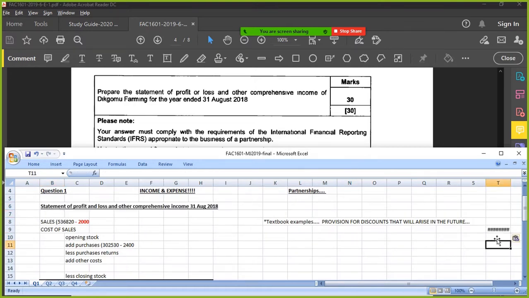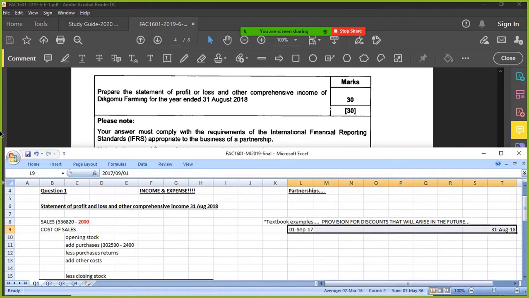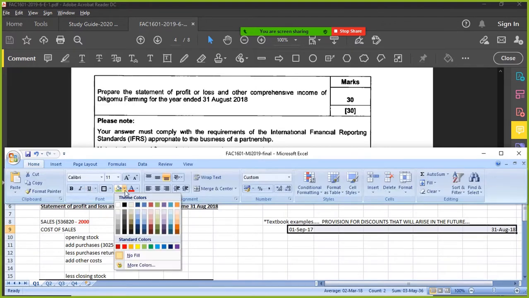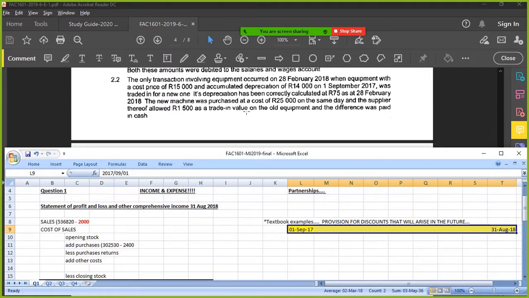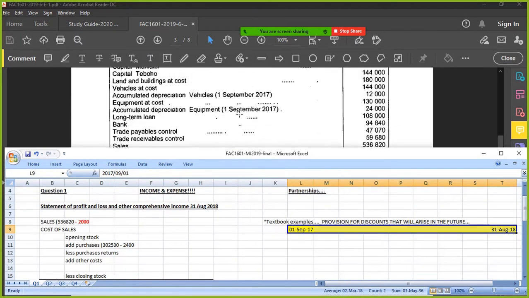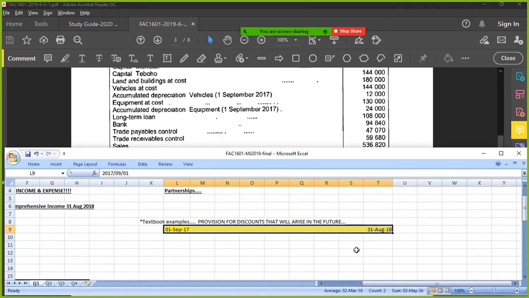Okay, so copy paste. What would the start have been? August, September. So 1 September 17. Okay, so there's the year. That's all I'm going to look at, the year. Okay, so now I've read this point. I need to post everything to it. But before I do that, I need to get those assets.